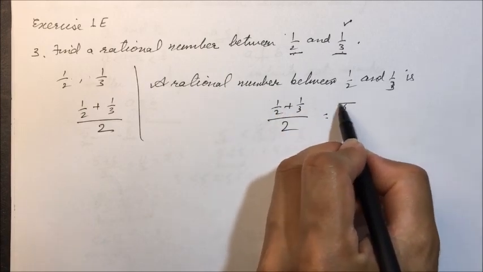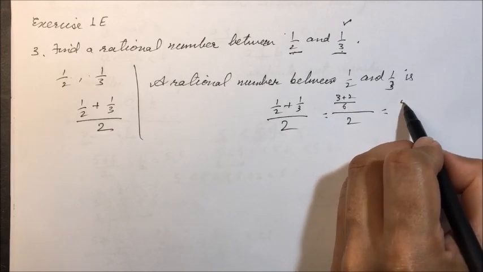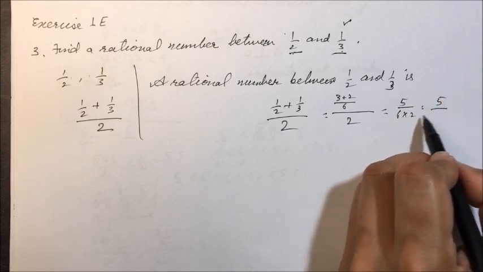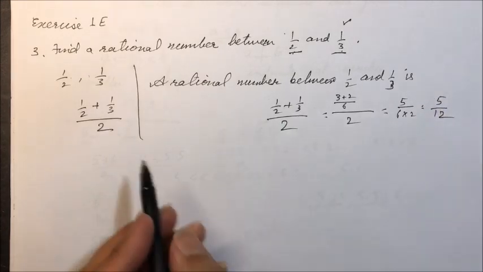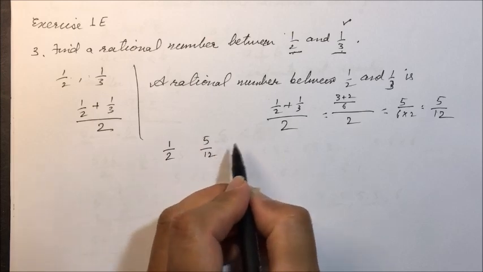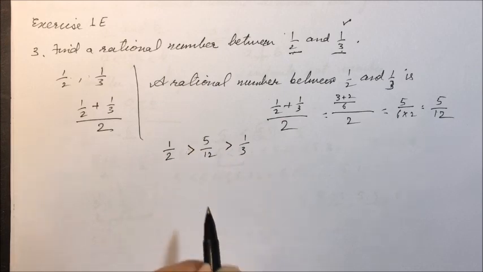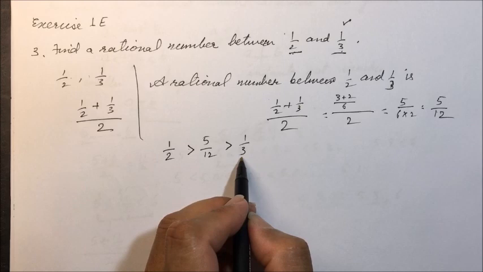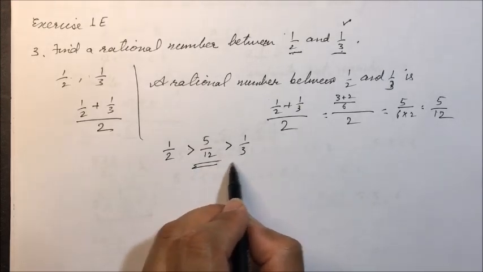Take the LCM, 6: 3 plus 2 whole divided by 6, then divided by 2. It will be 5 divided by 6 into 2, that is 5 by 12. So we have inserted one rational number, 5 by 12. The result will be 1 by 2, 5 by 12, 1 by 3. Either put commas or we can do it like this. So 5 by 12 lies between 1 by 2 and 1 by 3. This is the rational number we have inserted.